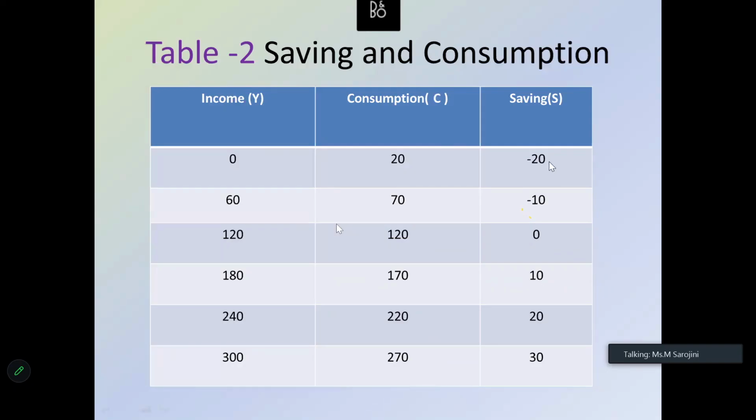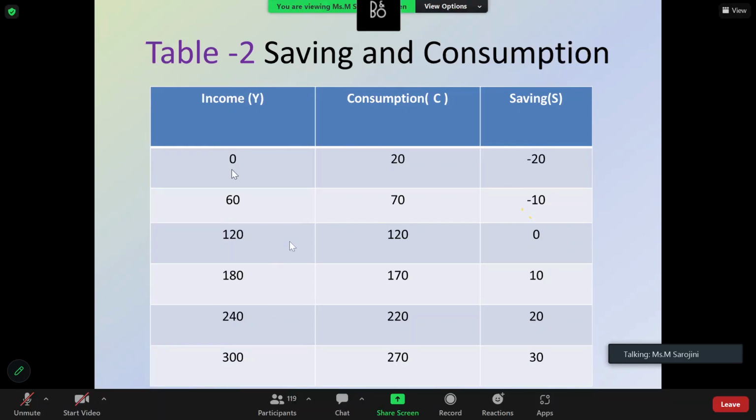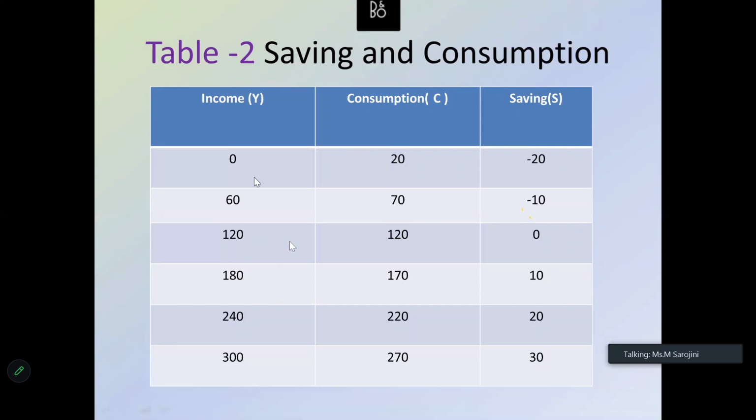Here the income is equal to zero. That's consumption. We call this one autonomous consumption. How do they spend for their consumption?